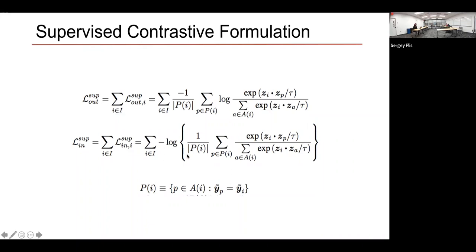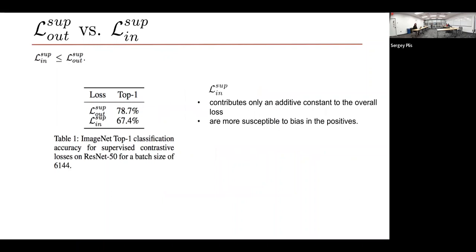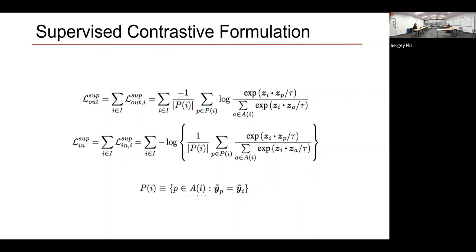And they have shown, they actually termed it differently, that if we average after calculating loss, then they term this loss as L supervised out. That means they are averaging outside of the log. And if they average inside of the log, then they term the loss as L supervised in.